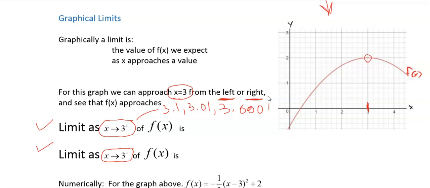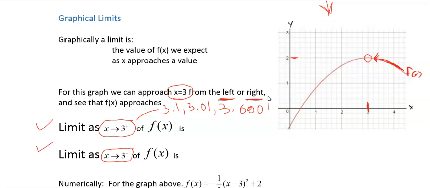Well, as we approach 3 from the right-hand side, that means take your pencil or my pen or whatever, and I'm going to go closer and closer to x equals 3. I'm going to get incredibly close. Now, what y value is my pencil getting closer to? Well, if you look carefully, it appears to be getting closer to that point, which would refer to a y value of 2, wouldn't it?